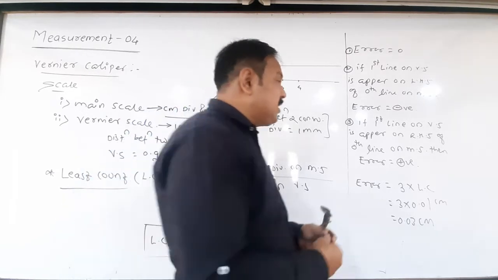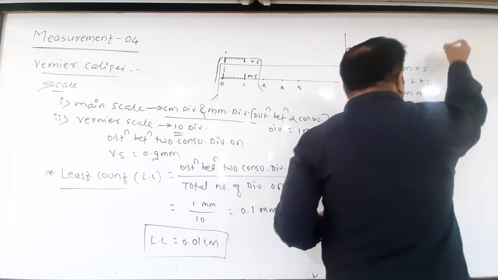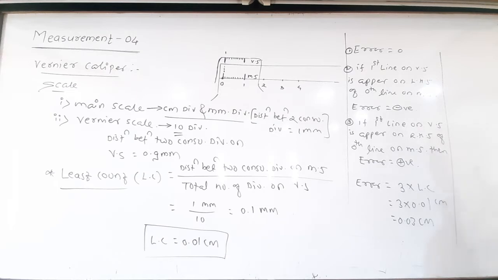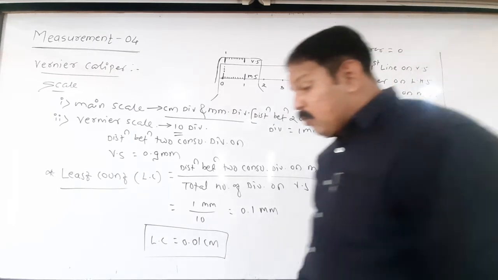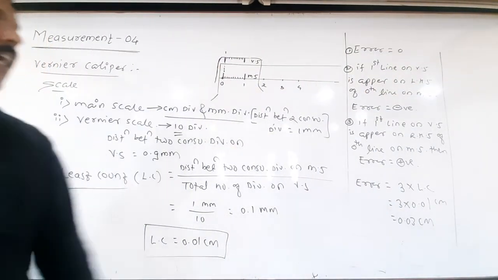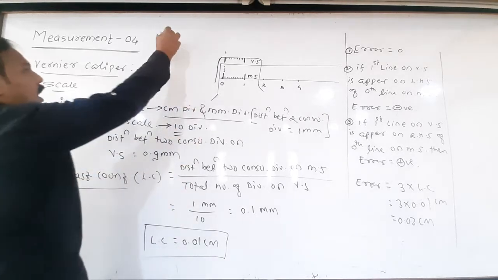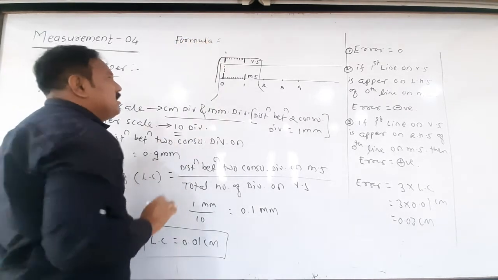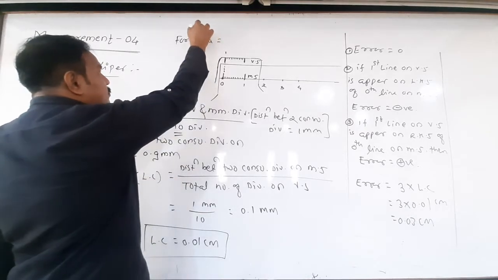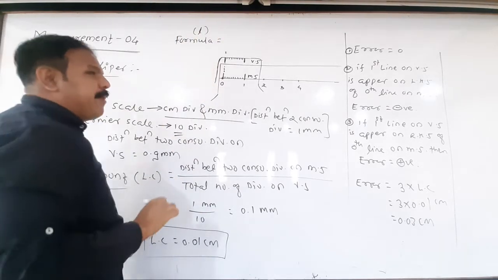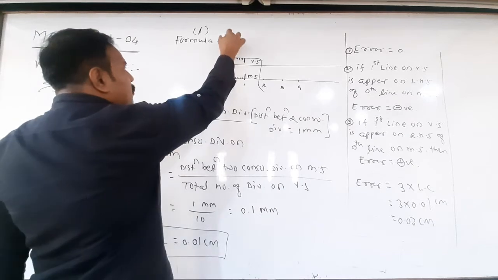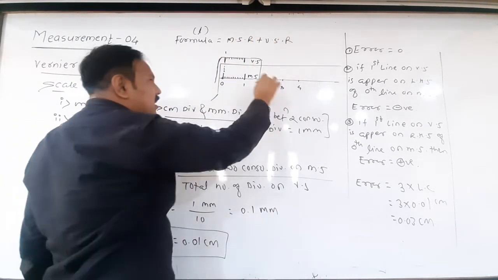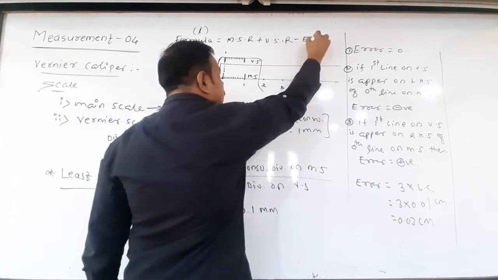Now next, what is the formula to measure the length? Or to measure the diameter or any other dimension. So the formula: any length, any diameter, any dimension is equal to main scale reading plus vernier scale reading minus error.